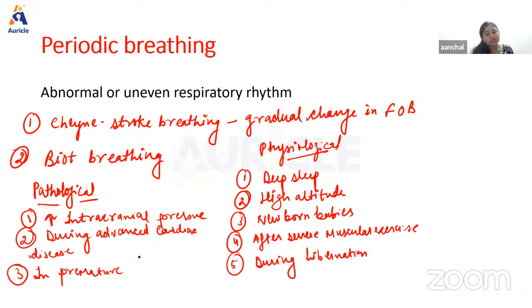So these are the conditions in which this kind of change can occur.